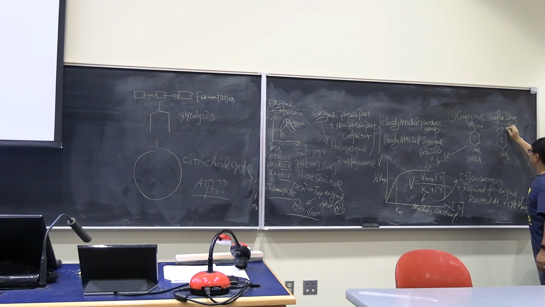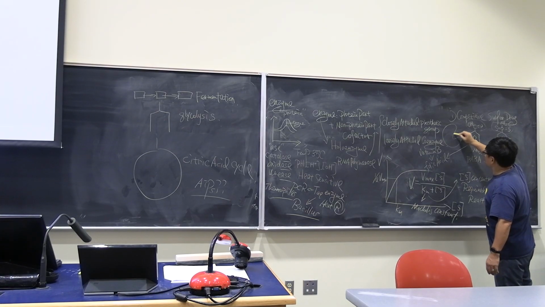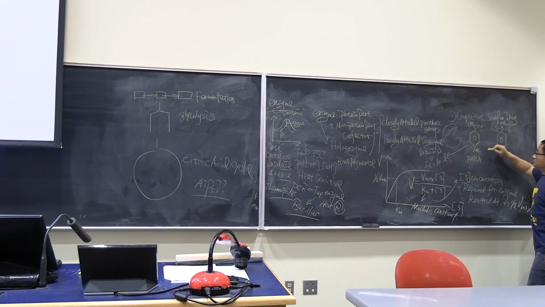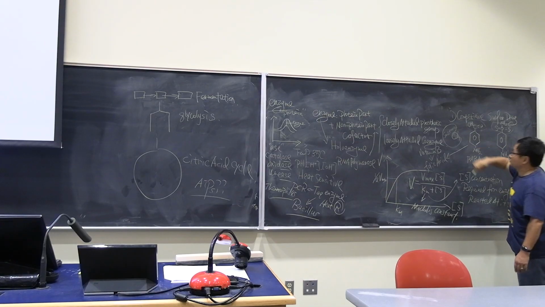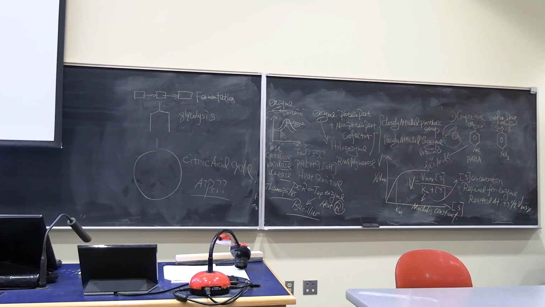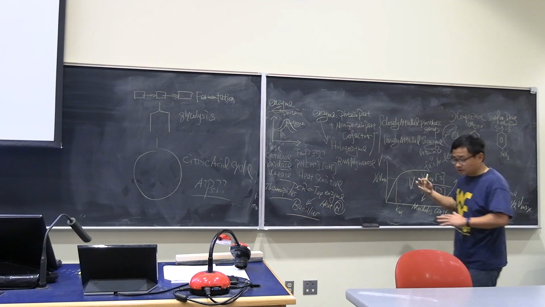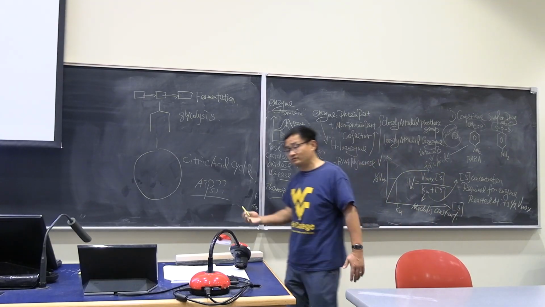This is just a standard one. You can make it exactly the same. The majority of the parts are the same, only the head is different. So what happened? I have a substrate. Instead of PABA going here, the sulfa drug goes here. Once the sulfa drug goes here, you're not going to generate folic acid. The folic acid will be stopped, and folic acid is an essential product for bacteria to survive.